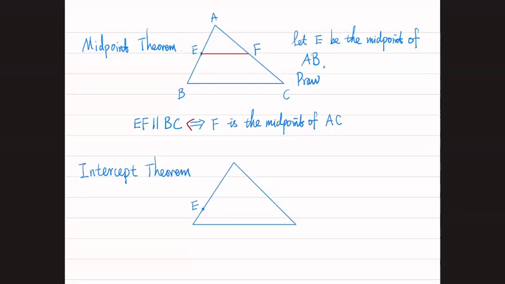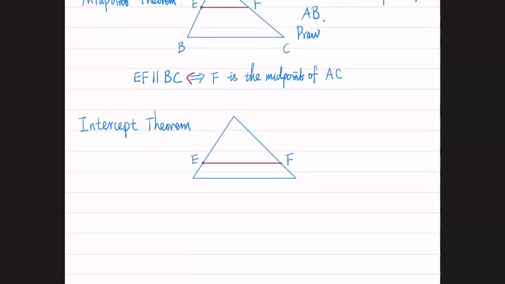Then I draw a line. A, B, C. The intercept theorem tells us if EF is parallel to BC, then the two ratios are the same.